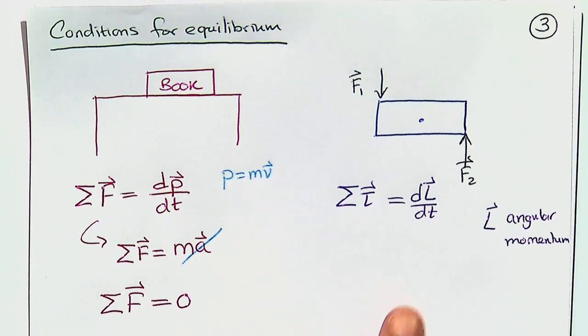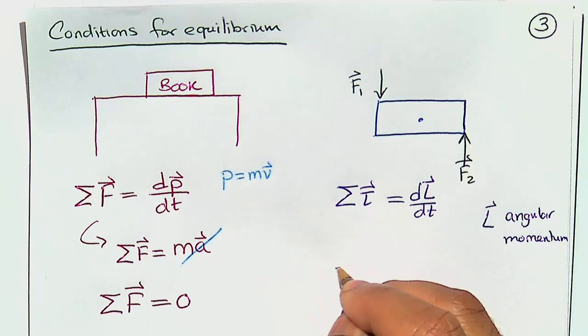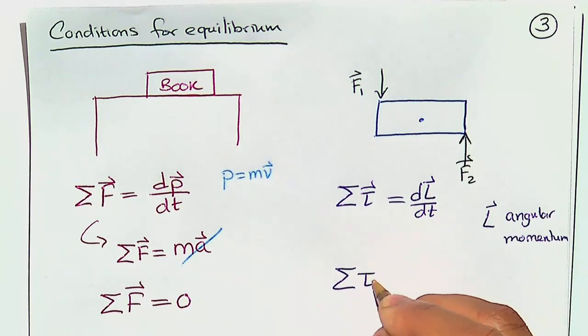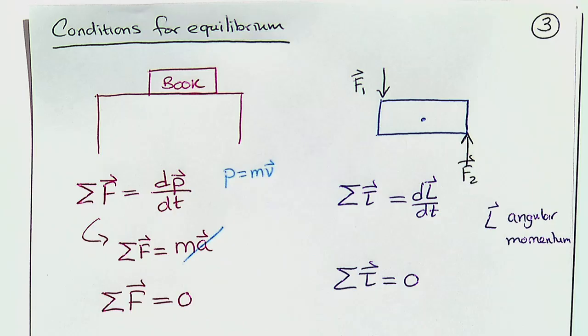So the condition here for equilibrium in the rotational case is that the sum of the torque must equal 0. Okay?